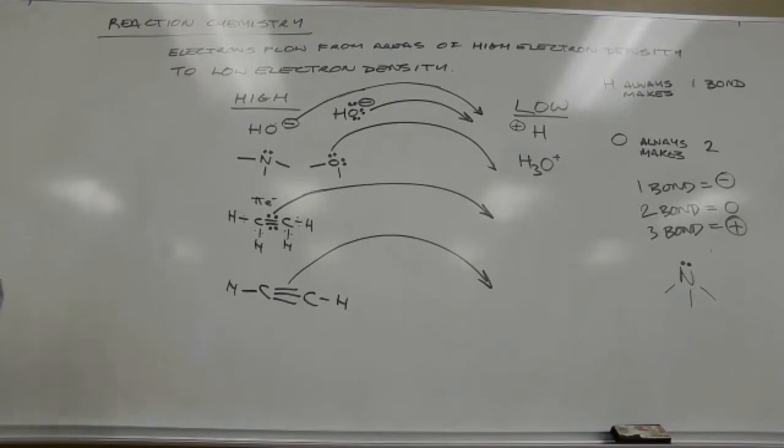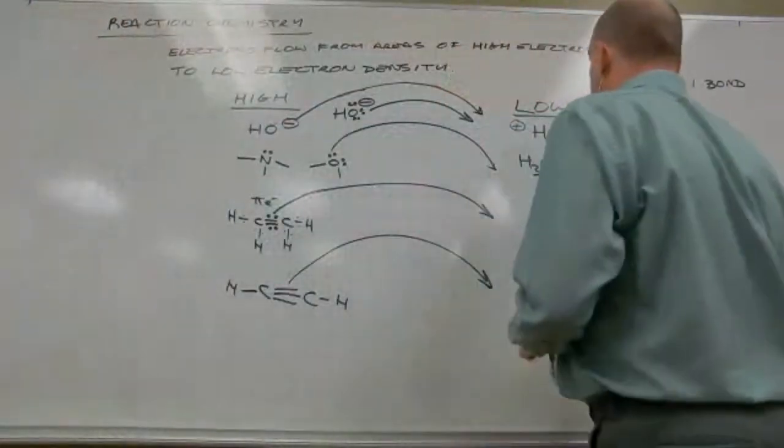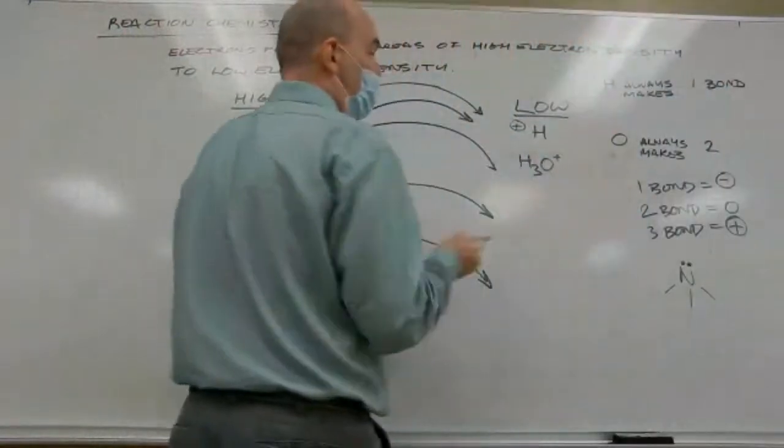And if so, what sign would it be? Yeah, 2 bonds to a nitrogen makes that nitrogen negative. 3 bonds to a nitrogen makes that nitrogen neutral. Not in terms of pH, but in terms of charge. 4 bonds to a nitrogen makes that nitrogen positive.